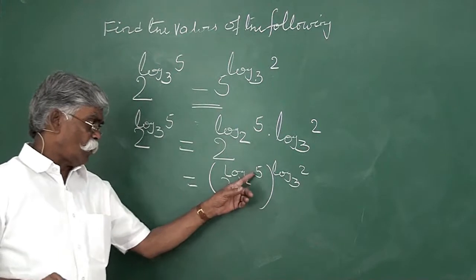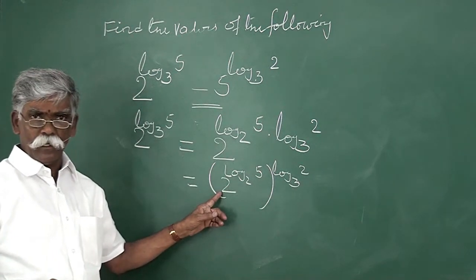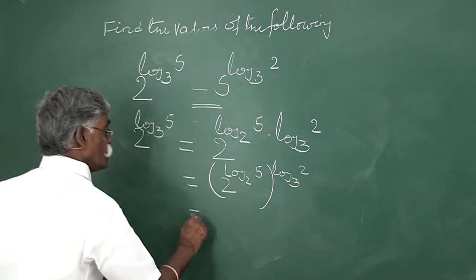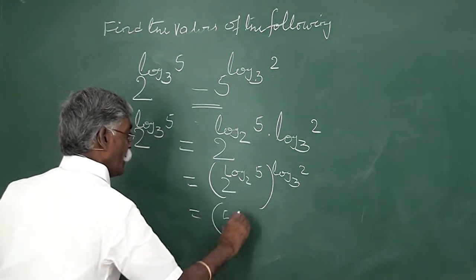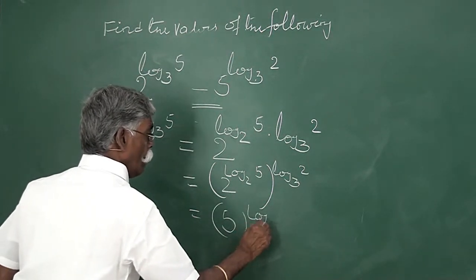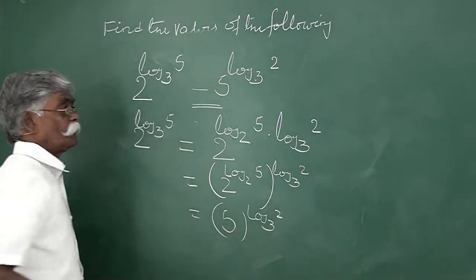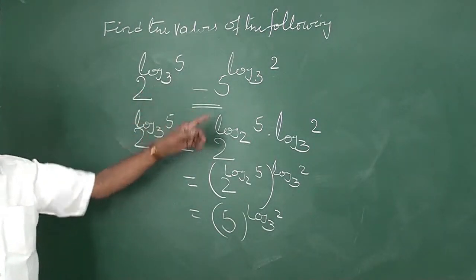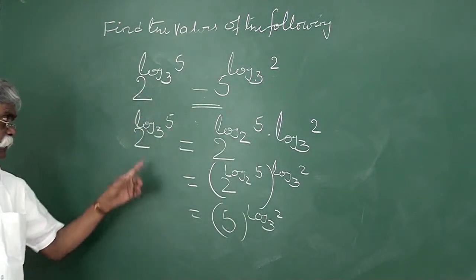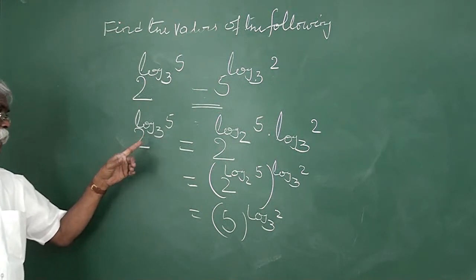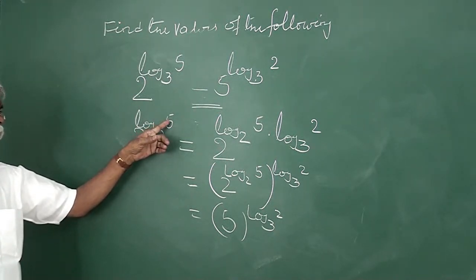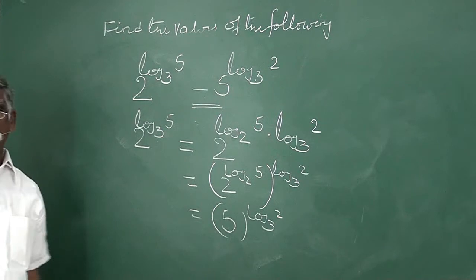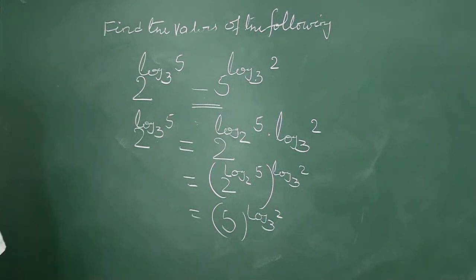Now this is log 5 to the base 2, and here it is 2. Therefore this is 5 power log 2 base 3. So these two values are same. Hence if we substitute the value of 2 power log 5 base 3 as 5 power log 2 base 3, we will get 0.